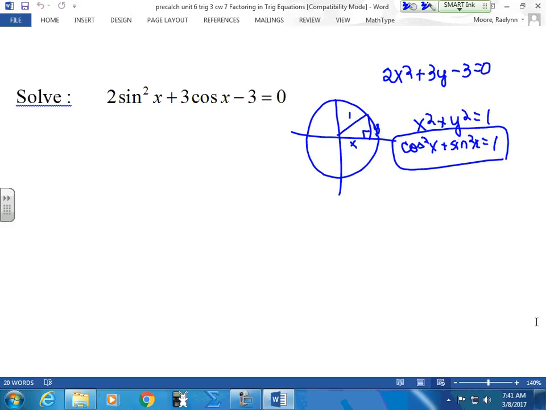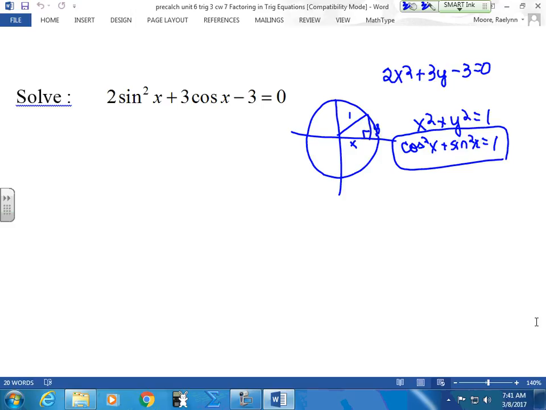I can't replace a sine. I can't replace a cosine. Those are my basic functions. I can replace a tangent by saying sine over cosine. I can replace a secant, 1 over cosine. I cannot replace a cosine or a sine unless I use Pythagorean's identity. So if I want to get one of these out and solve it in terms of the other one, I can do that.